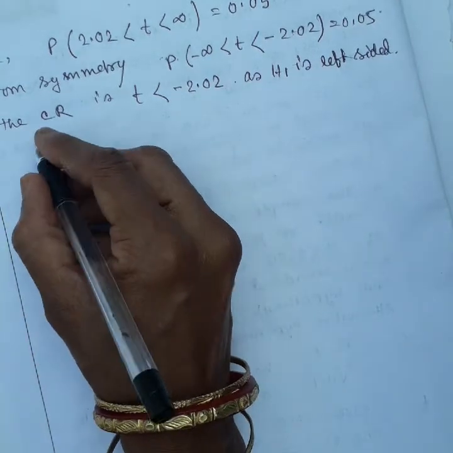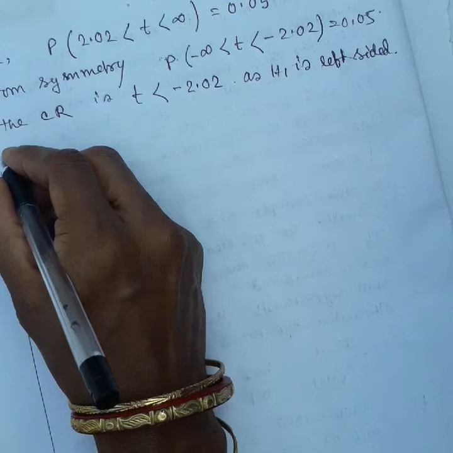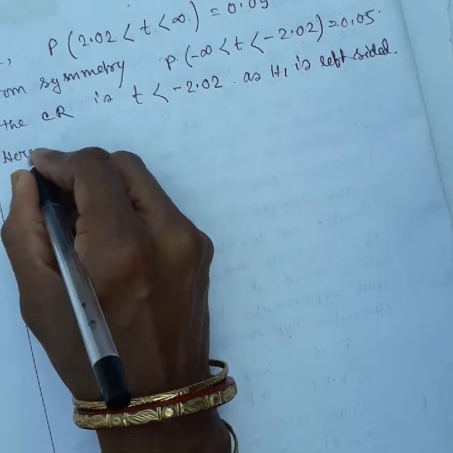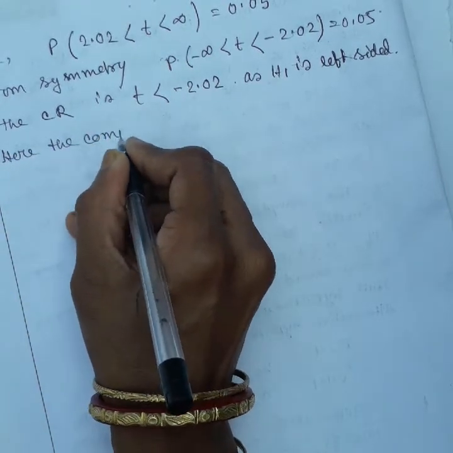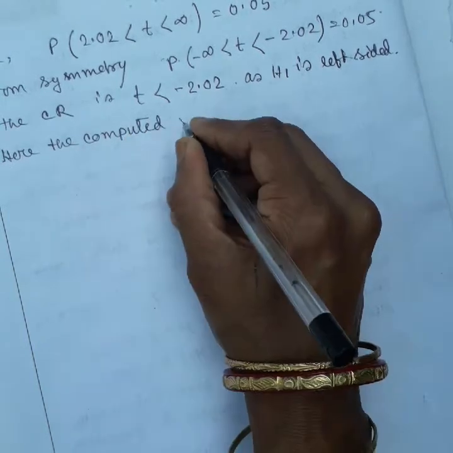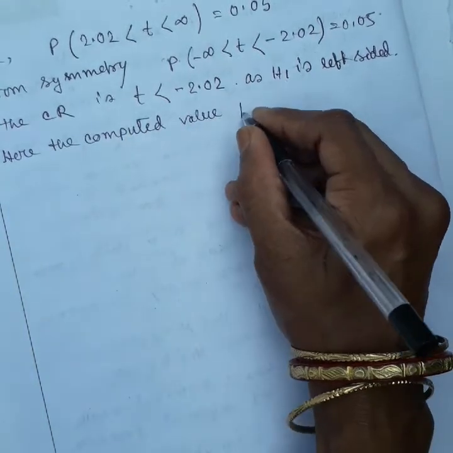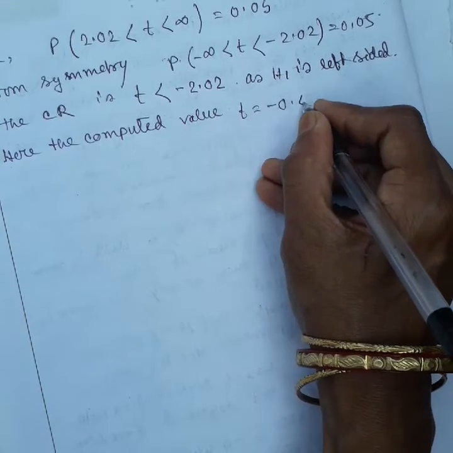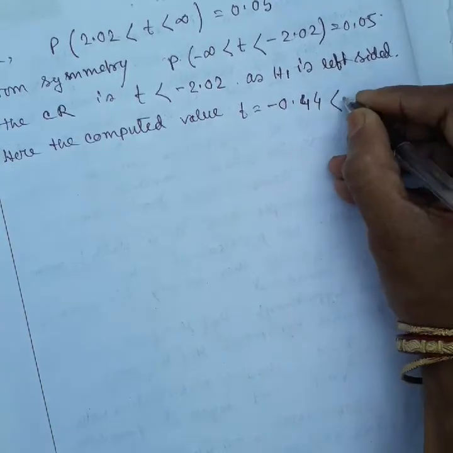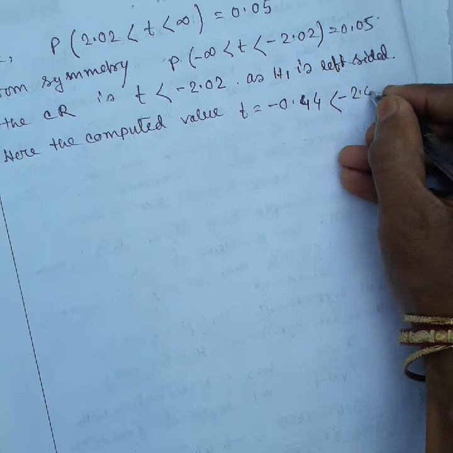Okay, and here the computed value t is equal to minus 0.44, which is not less than minus 2.02.